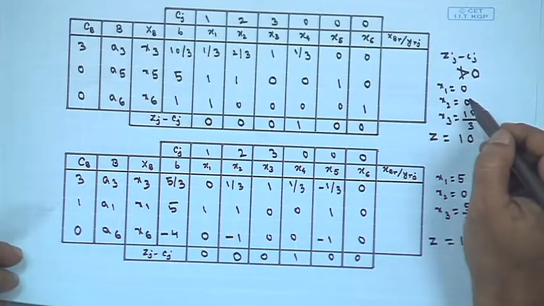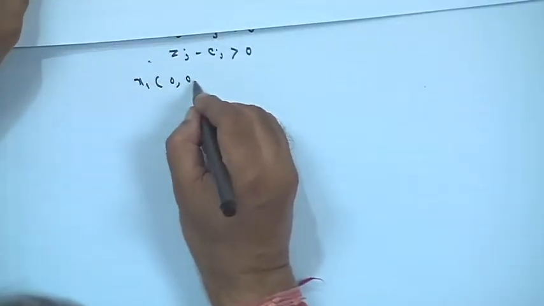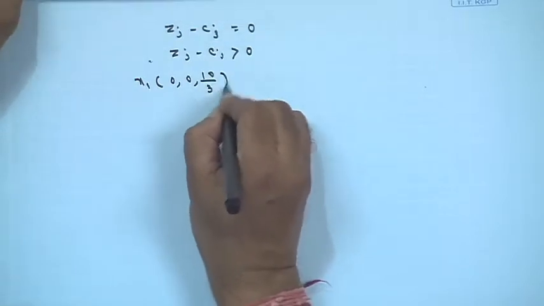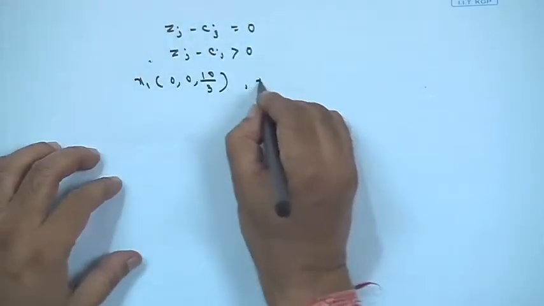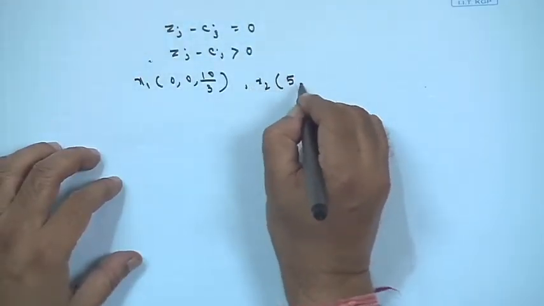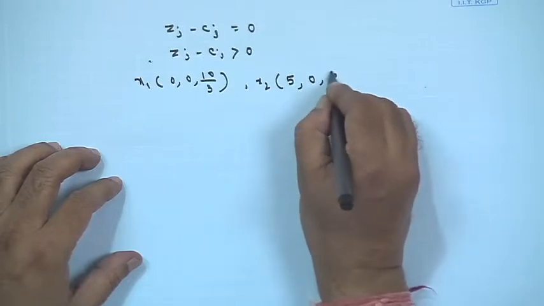That means, we want to say that suppose your x1 here is this point, x1 is 0, 0 and 10 by 3, and x2 I will take 5, 0 and 5 by 3, because already we have seen that x2 is 5, 0 and 5 by 3.